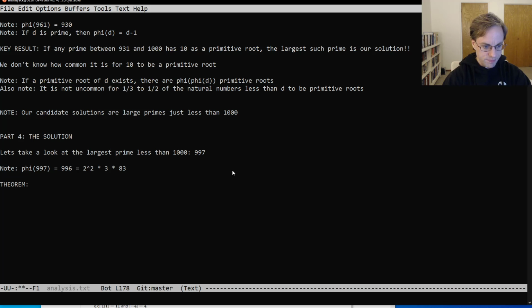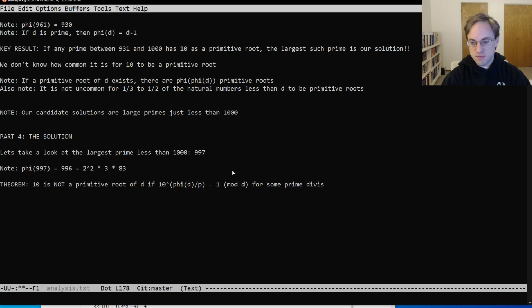We'll say theorem. And I think I'll state the theorem, and then I'll explain why it's true. And so we'll say 10 is not a primitive root of d if 10 to the phi of d over p is congruent to 1 mod d for some prime divisor of d, p.